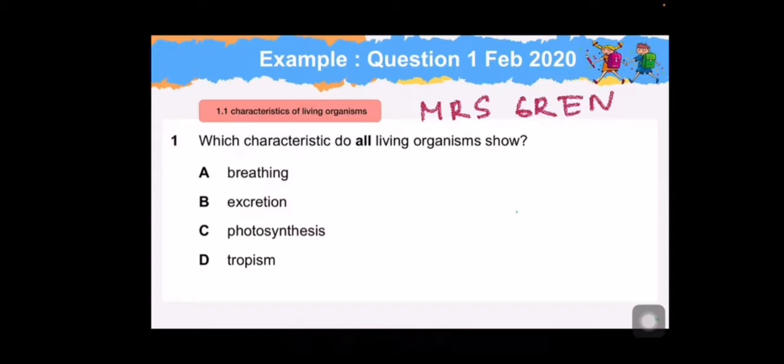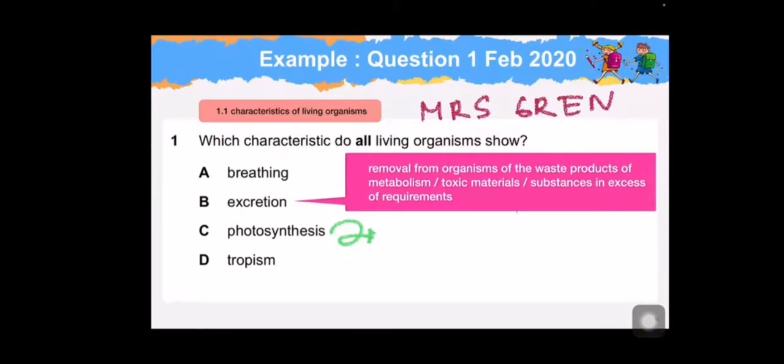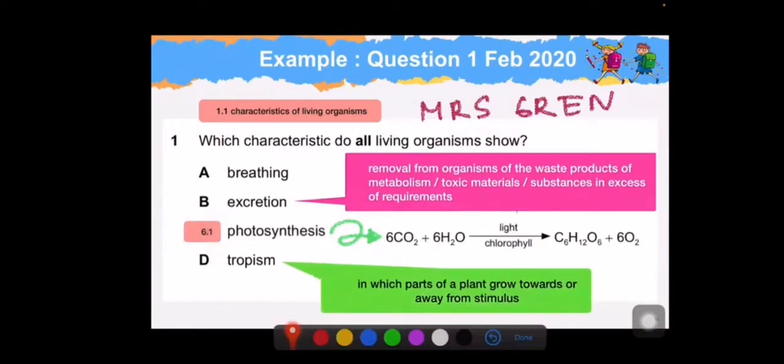Tengok yang lain. Excretion. Okay, excretion, kita boleh cari dia punya definition of excretion. Mana nak dapat definition of excretion ni? Kita boleh dapat daripada syllabus. Definition from syllabus is the best.